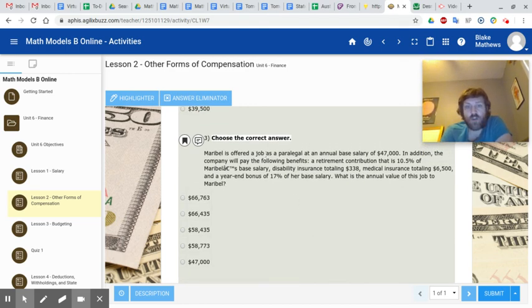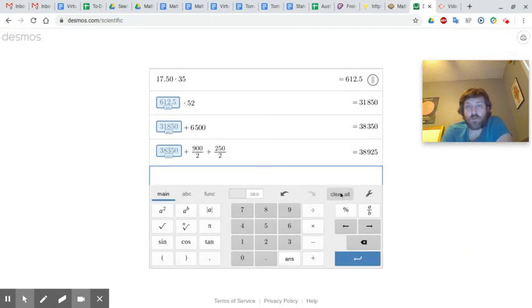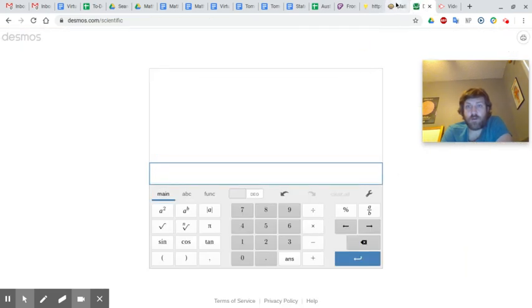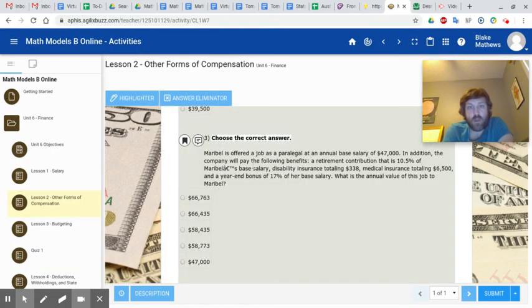Maribel's offered a job as a legal paralegal at an annual base salary of $47,000. So there's our base salary. Let's clear all. It says the base salary is $47,000, and we're going to add whatever. In addition, the company will pay the following benefits: a retirement contribution that is 10.5% of the base salary.